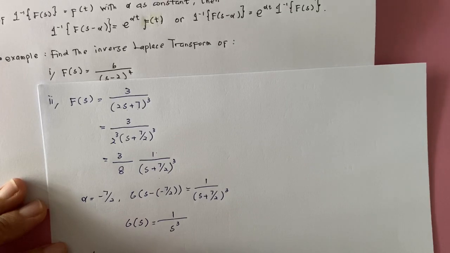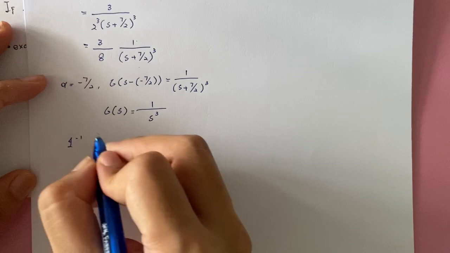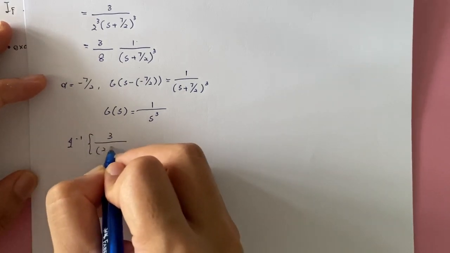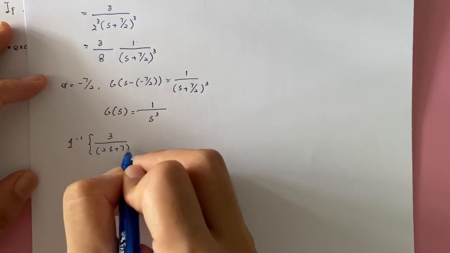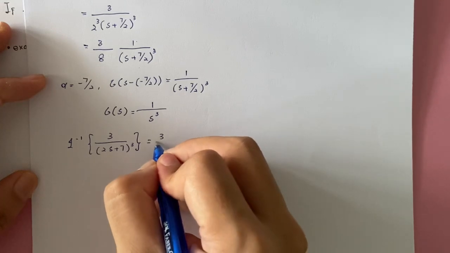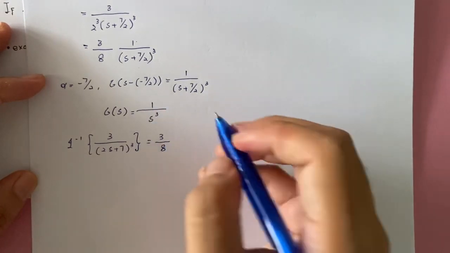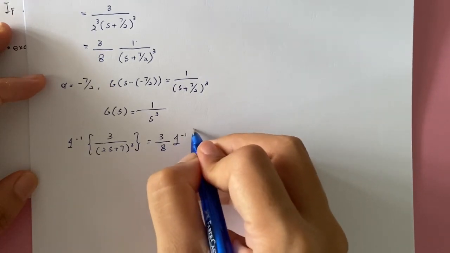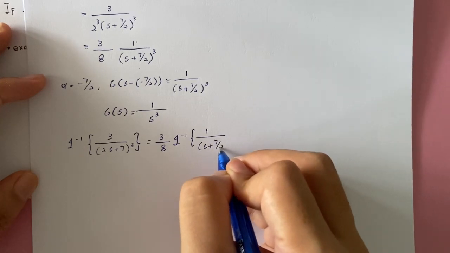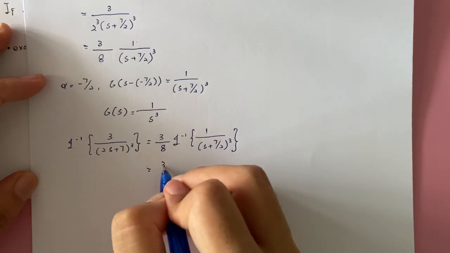So next, the inverse Laplace of 3 over (2s plus 7) cubed is equal to 3 over 8 times the inverse Laplace of 1 over (s plus 7 over 2) cubed.